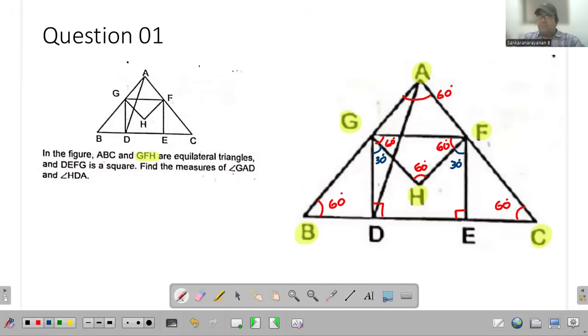Now also, since this DEFG is a square, DE should be parallel to GF. If I am considering it in a slightly extended way, this BDEC, which is a straight line, and this GF is also a line. If I view it that way, I can consider that this GF and BC are parallel to each other.